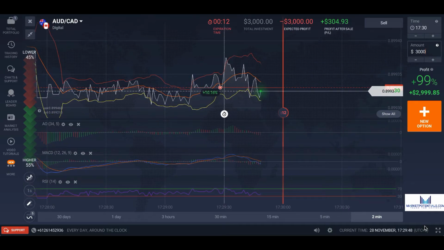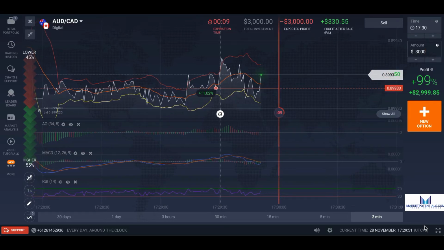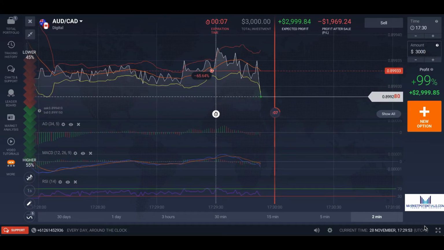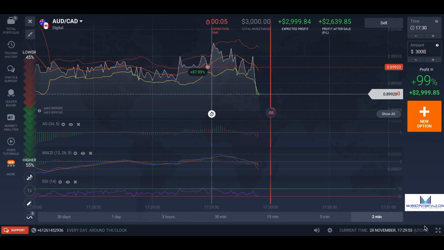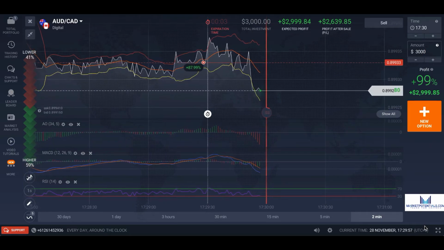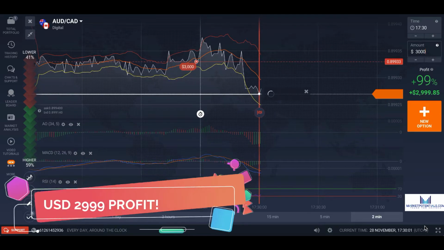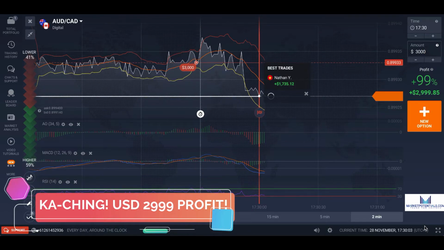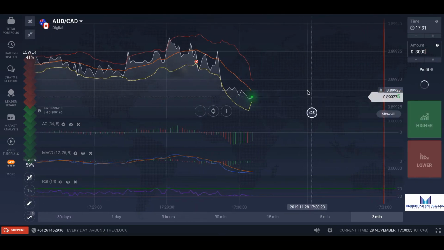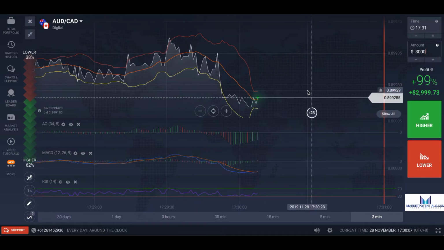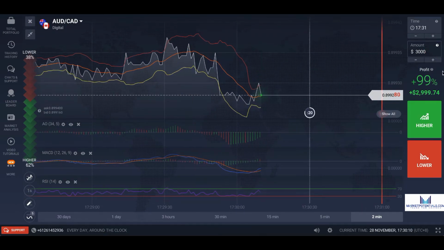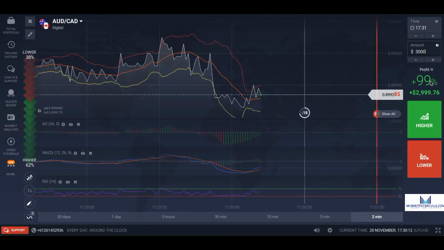As you can see, I've got just about 10 seconds, and as long as the chart ends up lower, which is the right direction that I want, I'm going to end up being profitable. And ka-ching, here we go, guys. That's in the money. So $2,000, close to $3,000, or a 99% payout on the amount that we just put in.